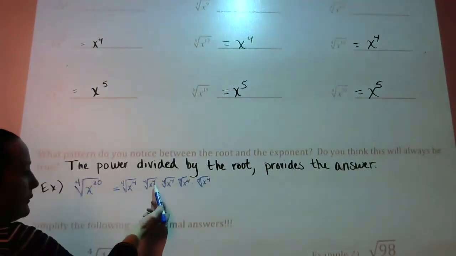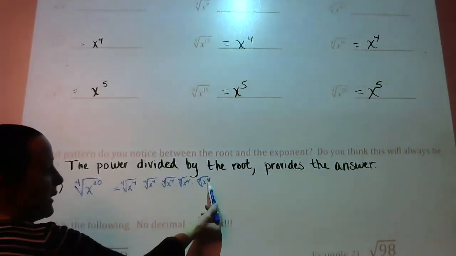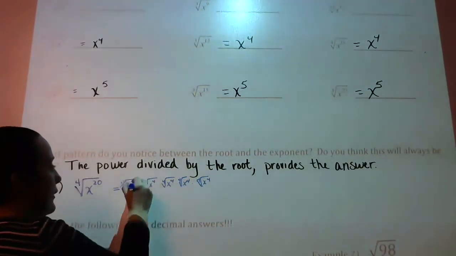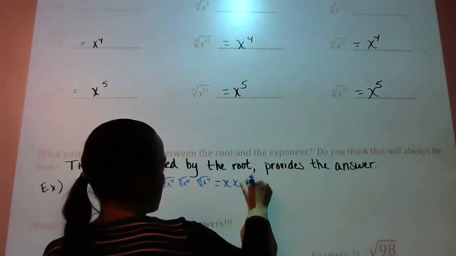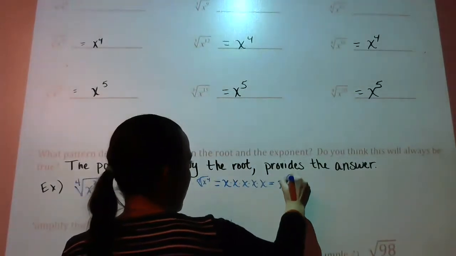So 4, 8, 16, and then 20 x's. So there's my x to the 20th, just broken apart into pieces. You guys already know that the power and the root cancel each other out, and you're left with x times x times x times x times x, which gives us x to the 5th.